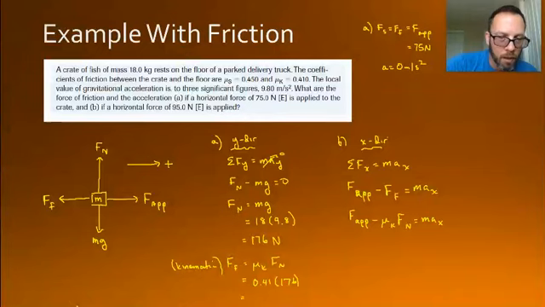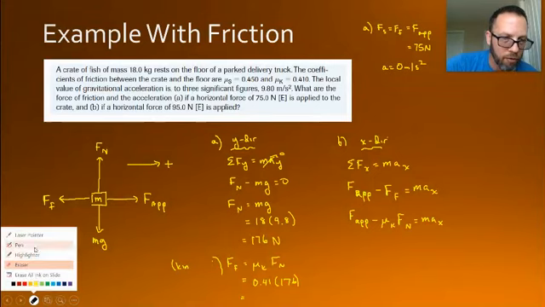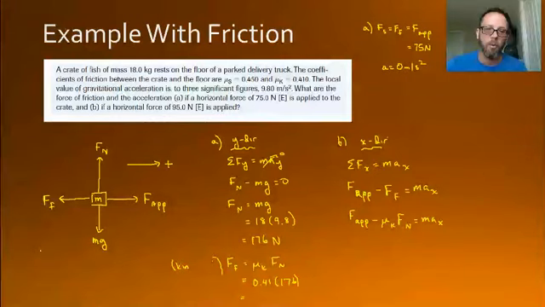It should be kinetic. So the kinetic force of friction here, let's just calculate ahead of time since the question wants that. Kinetic, 0.41 times 176. I got 72.2 newtons. So a little bit less than that maximum force of static friction.